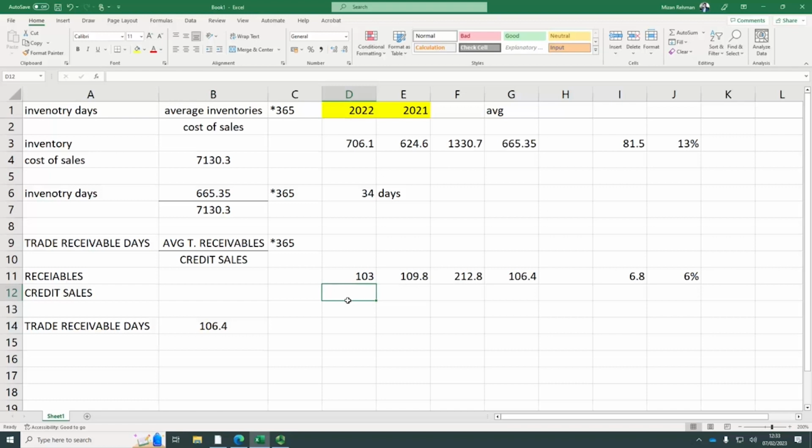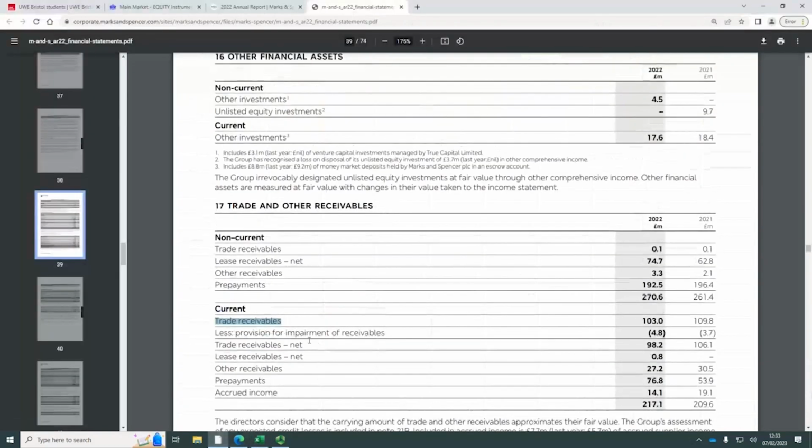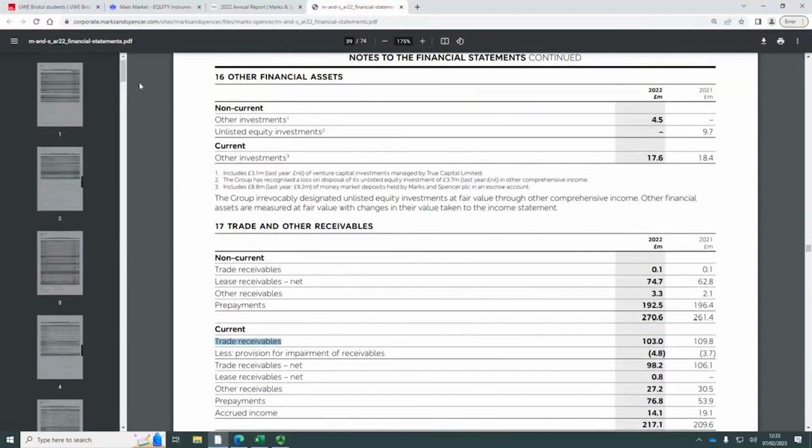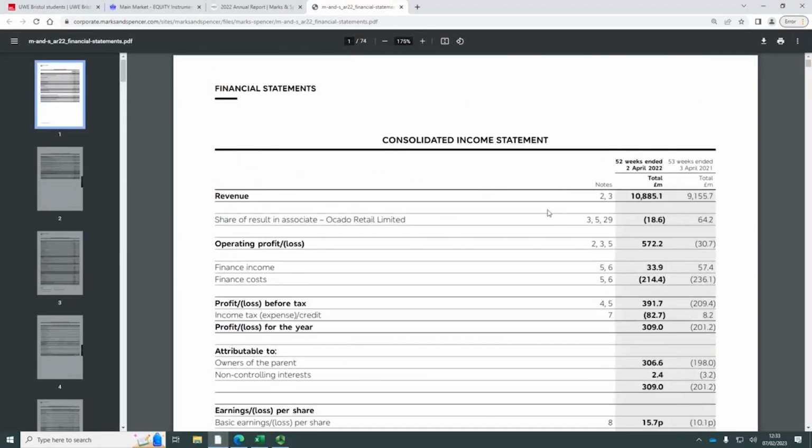Okay? So, if you do the third one, and it'll get slightly more interesting in a minute, we need to take all of the revenue figure. So we go back to our income statement, and my revenue figure is 1085.1 mil.